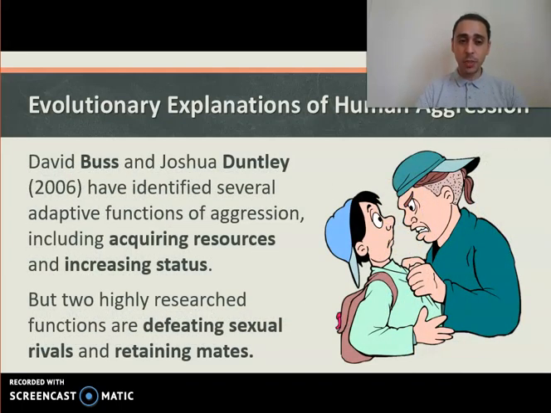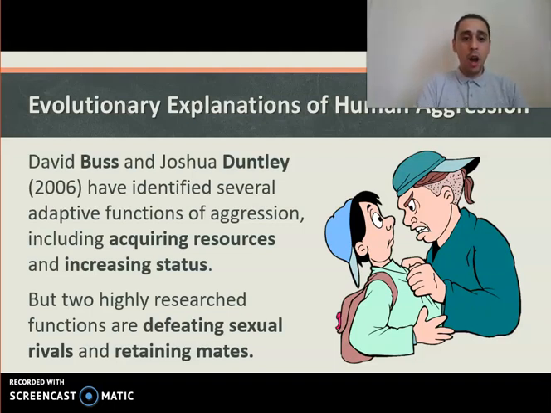David Buss and Joshua Duntley have identified several adaptive functions of aggression, including acquiring resources and increasing status. So what they're saying is aggression has provided some sort of function which helps us acquire resources, whether that be money or food, and increasing status.